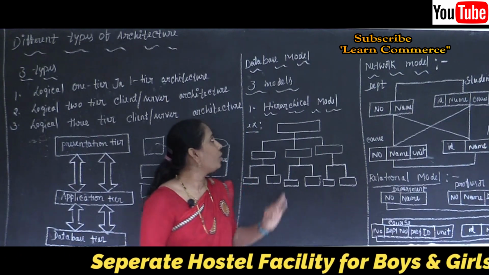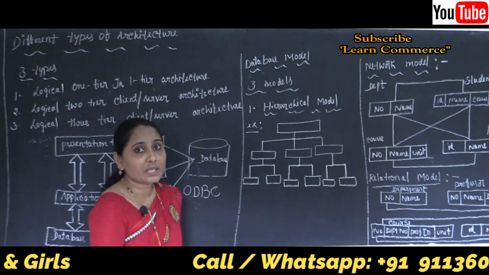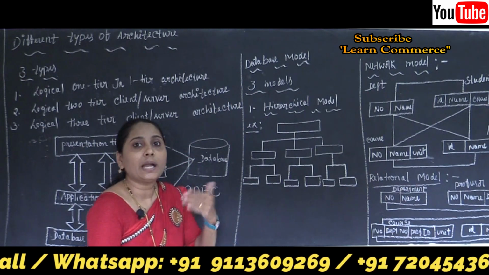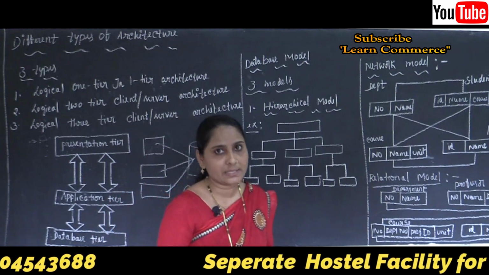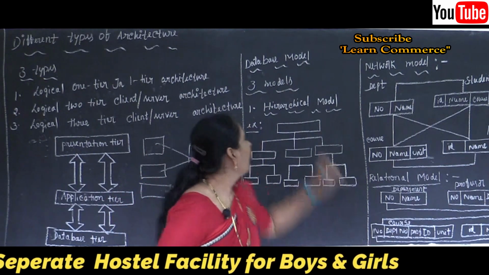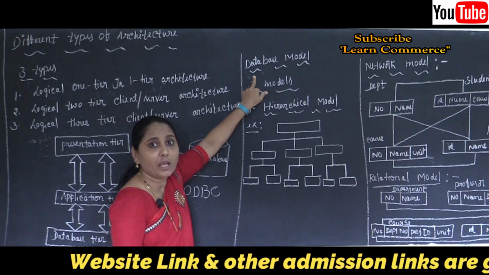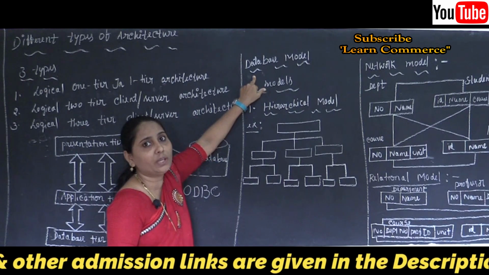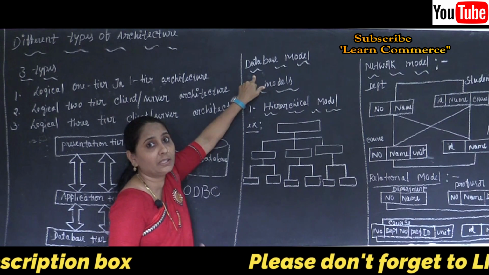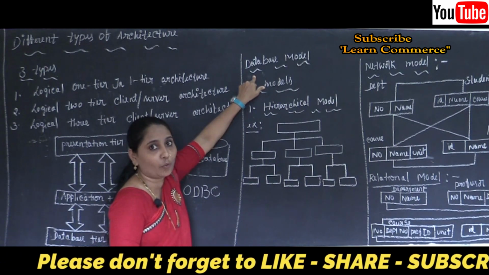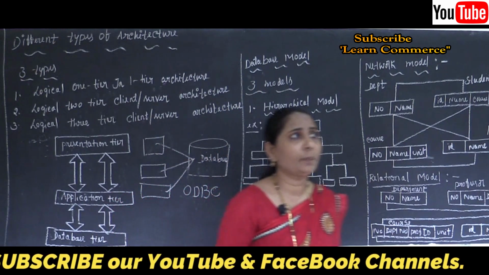Now let's see finally the meaning of a data model. The process of applying the data model theory to create the data model instance is called data modeling. Clear this point? Here, model means the design of the database: in which manner and in which structure we are going to design the data. This is the meaning of the database model.